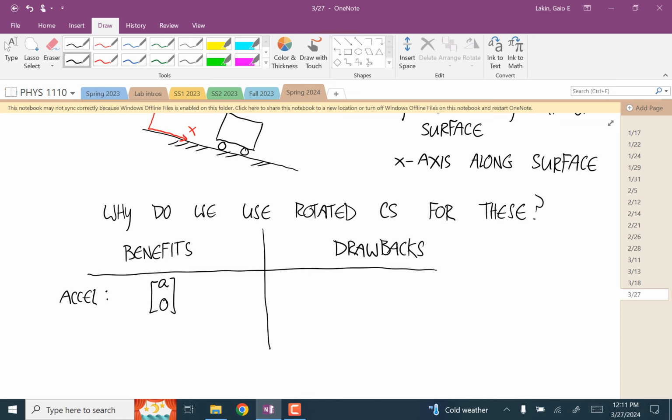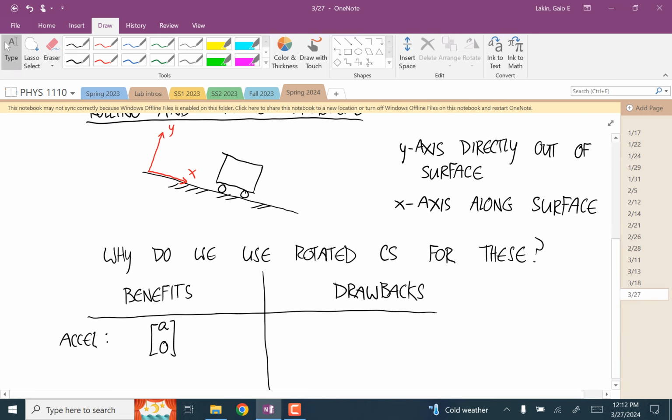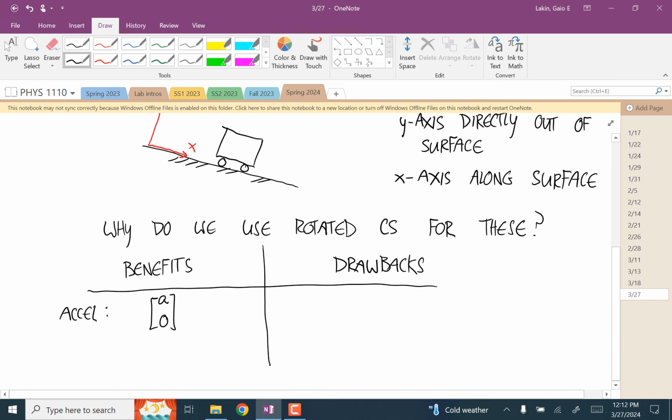So you'd have to use cosine and sine to figure out the direction of that acceleration. And that would be a pain, you know? And so by using this rotated coordinate system, we've simplified this one thing, okay? Then also, let's think about the forces that act. There's a normal force pushing up from the surface.